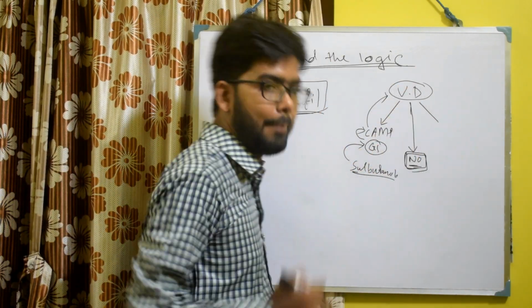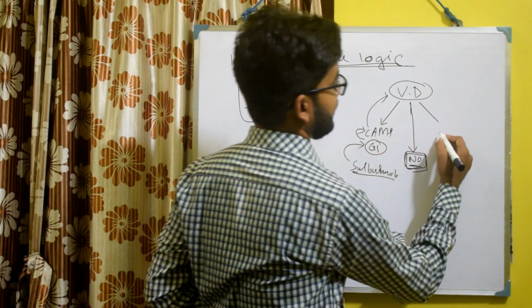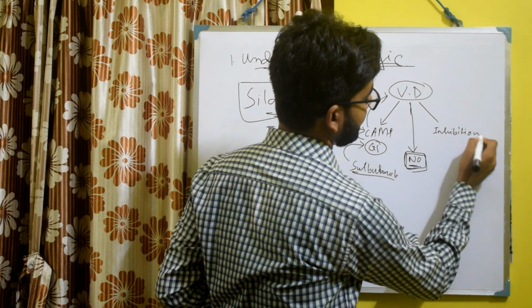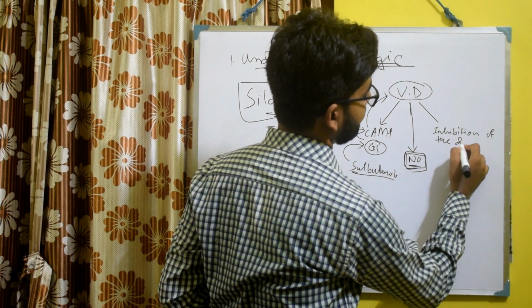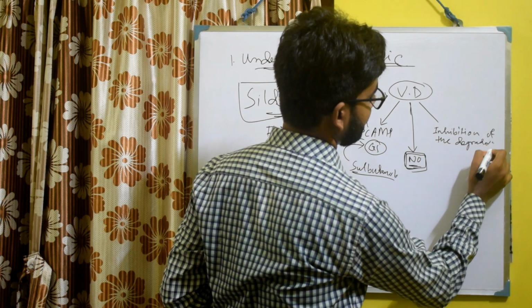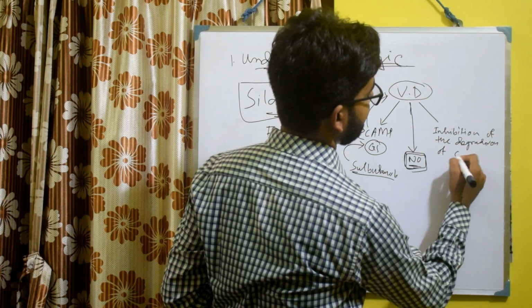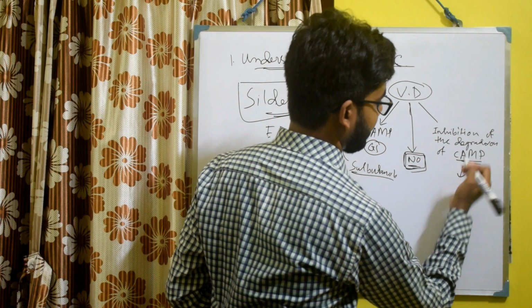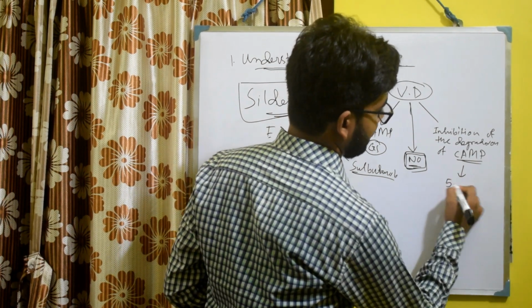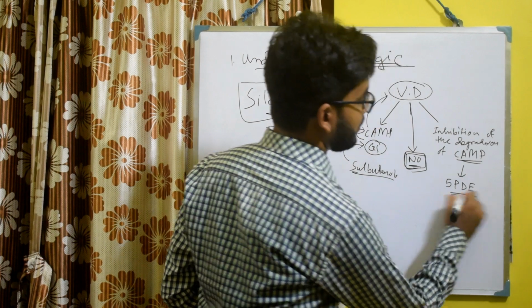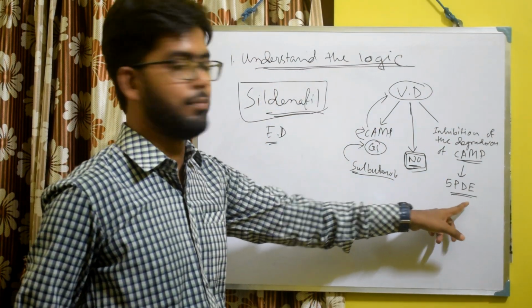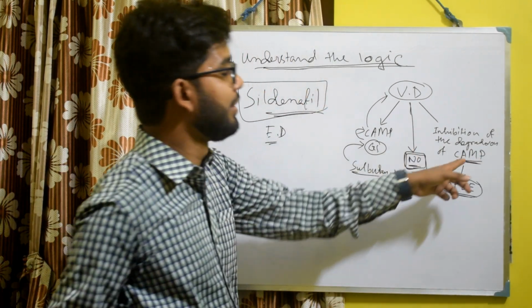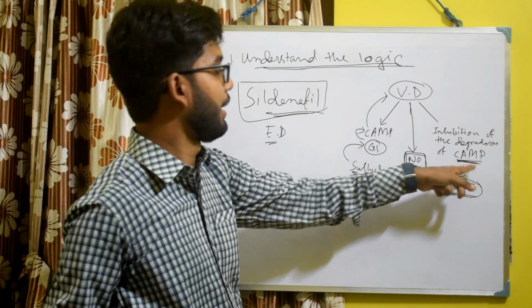The third approach for vasodilation is inhibition of the degradation of cGMP. There are several enzymes, like the 5-phosphodiesterase enzyme, which destroy the cGMP.